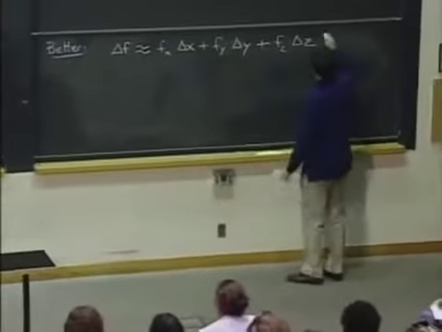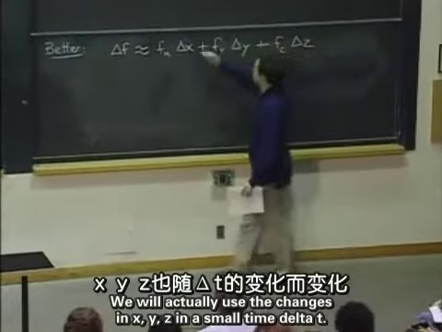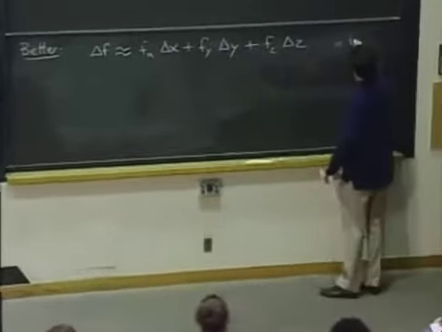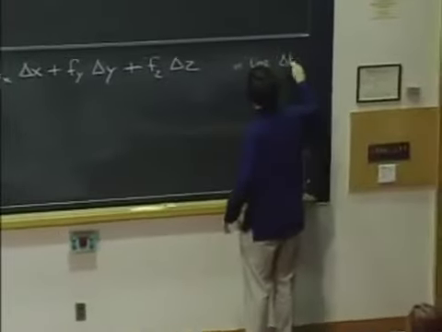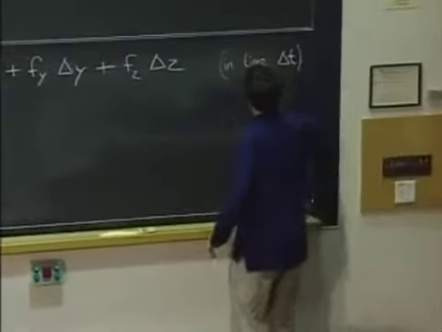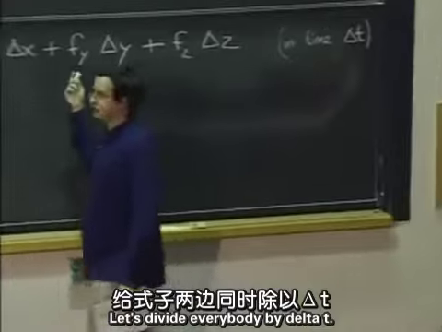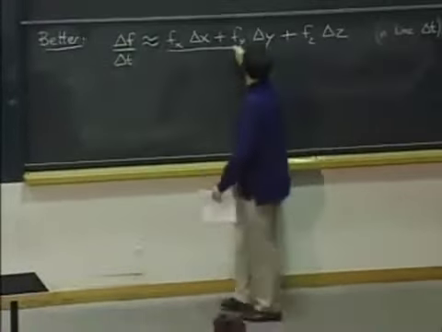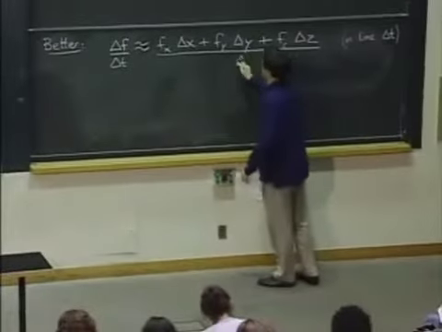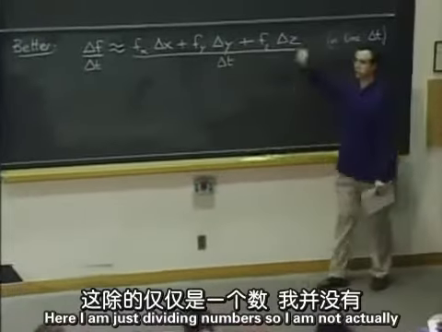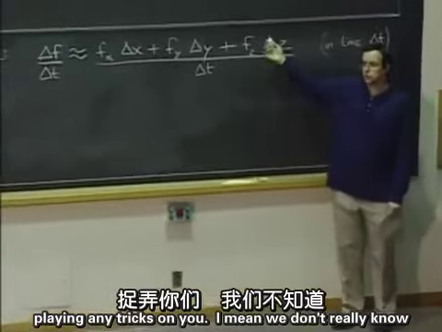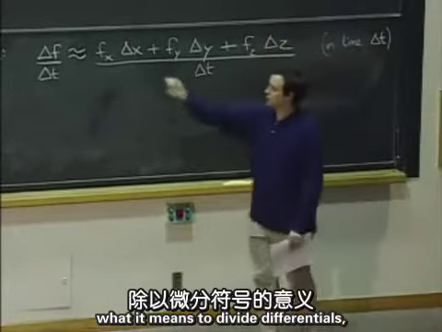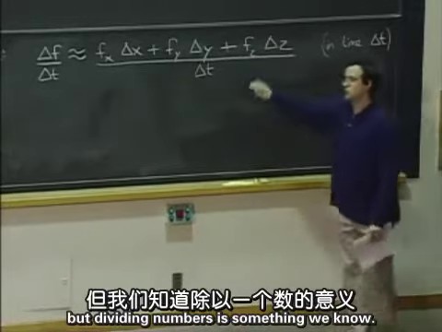So we'll actually use the changes in x, y, z in a small time delta t, and let's divide everybody by delta t. Here I'm just dividing numbers, so I'm not actually playing any tricks on you. We don't really know what it means to divide differentials, but dividing numbers is something we know.